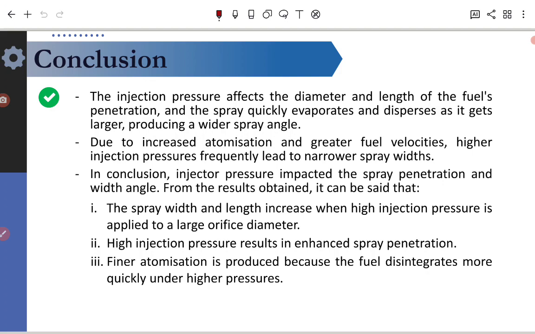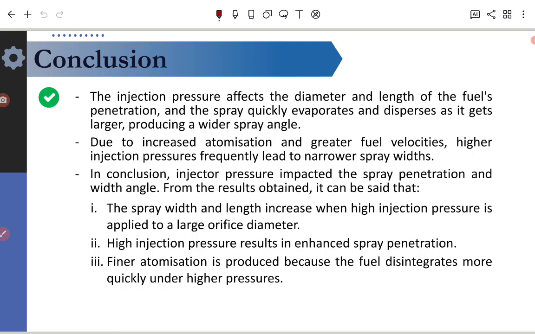The spray quickly evaporates and disperses as it gets larger, producing a wider spray angle. This study revealed that the 0.3 mm orifice diameter had a broad spray cone angle. As a result, we can conclude that a rising ambient pressure causes the spray cone angle to rise.